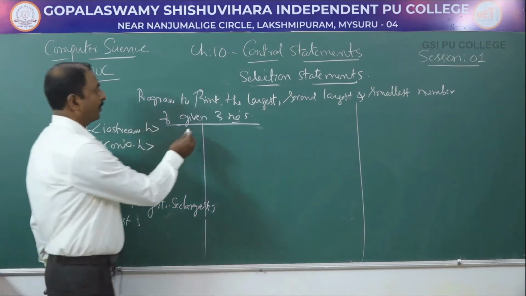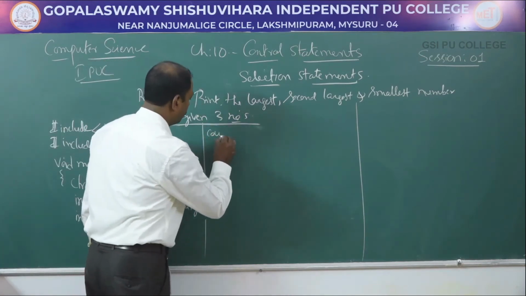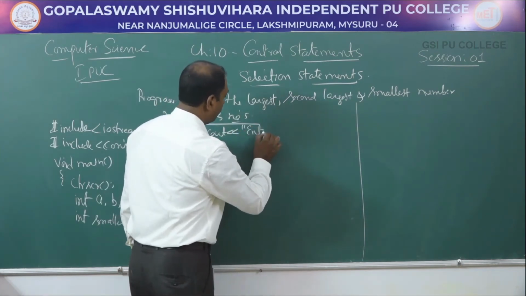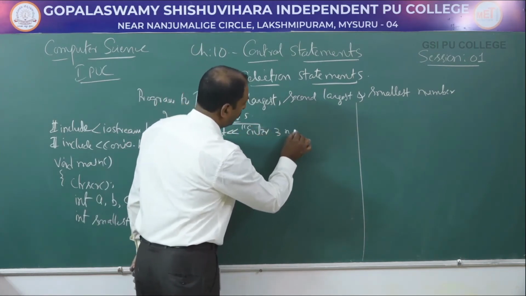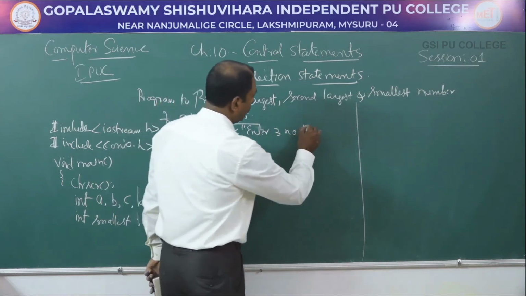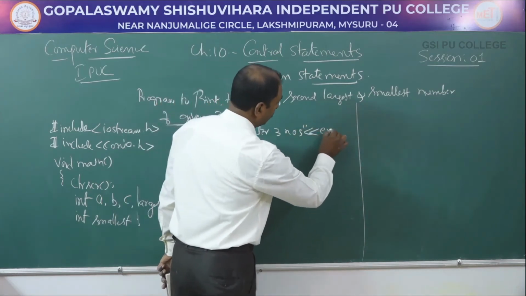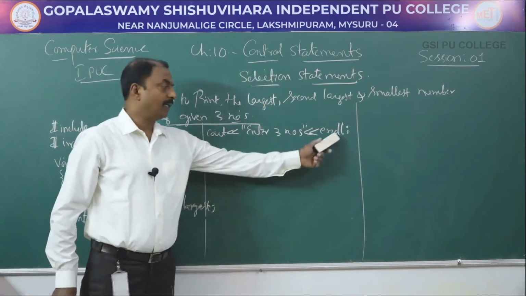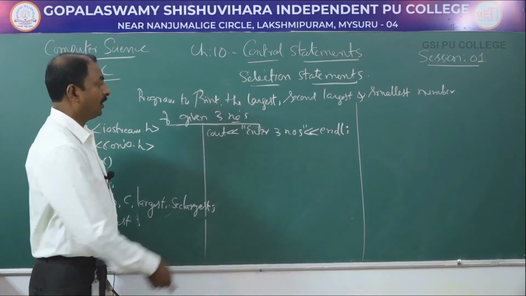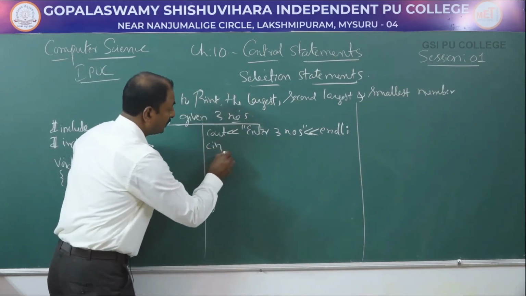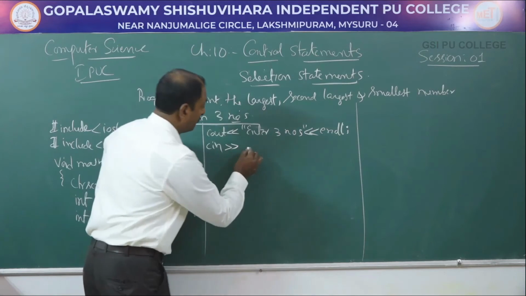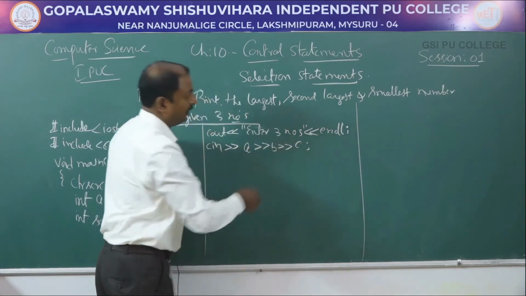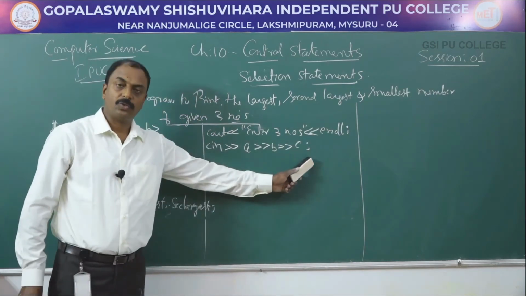So here cout, enter three numbers, close this and endl semicolon. This endl is a manipulator. Next we have to read three numbers, cin three numbers, let them be A, B and C. These are the three numbers to be read.